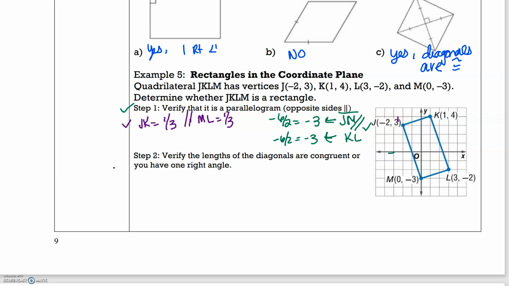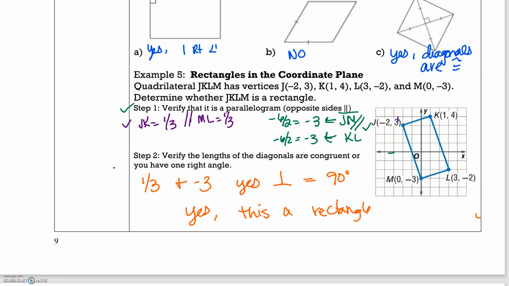Or you can just find the slope of this line, which you already know, and the slope of this line, which you already know. So 1/3 and -3. And are these opposite reciprocals? Yes. Perpendicular, which makes a 90-degree angle or a right angle. So yes, this is a rectangle.